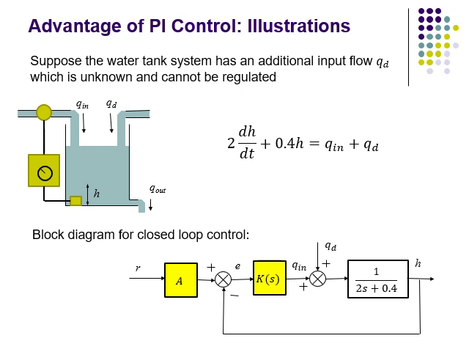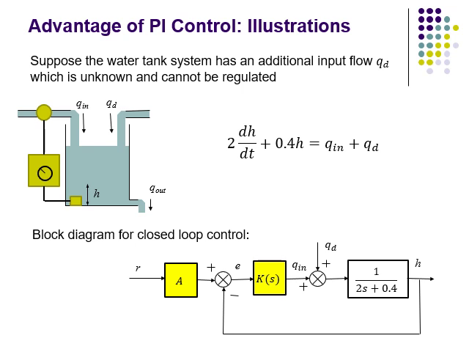In this case, the controller is a PI controller, so the transfer function of the controller is K, and the output of the controller is the flow rate Qin, so that's the flow through the valve which is regulated by the controller. And then we've got the additional input here, which is the external flow rate Qd.